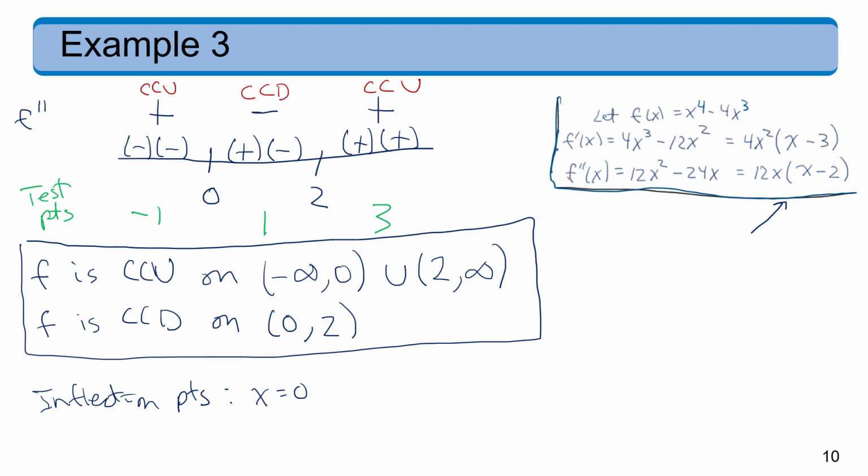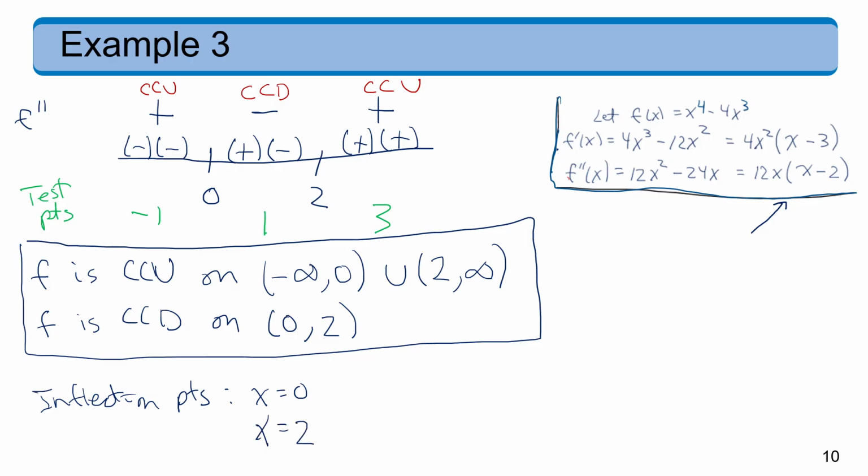And then our other point here, x equals 2, notice it changes on either side. Concave down to the left of 2 switches to concave up on the right. So x equals 2 is also an inflection point.